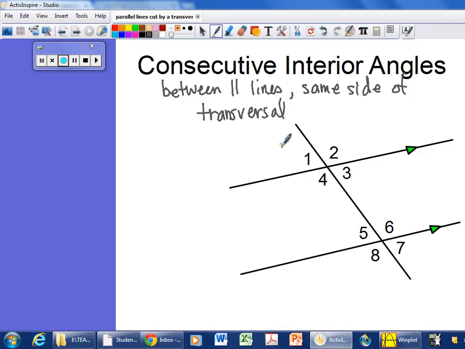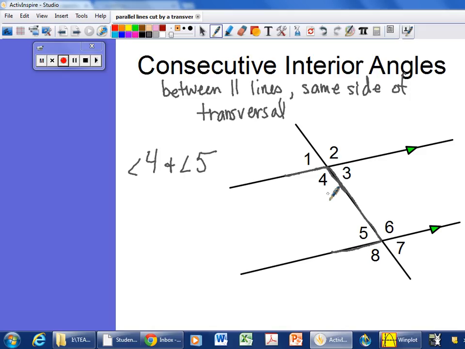So let's identify a pair of consecutive interior ones. So here is an angle. Angle 4 is on the interior of these parallel lines. Okay. Angle 5 is also interior and on the same side of the transversal. So angle 4 and angle 5 would be an example of a pair of consecutive interior angles.